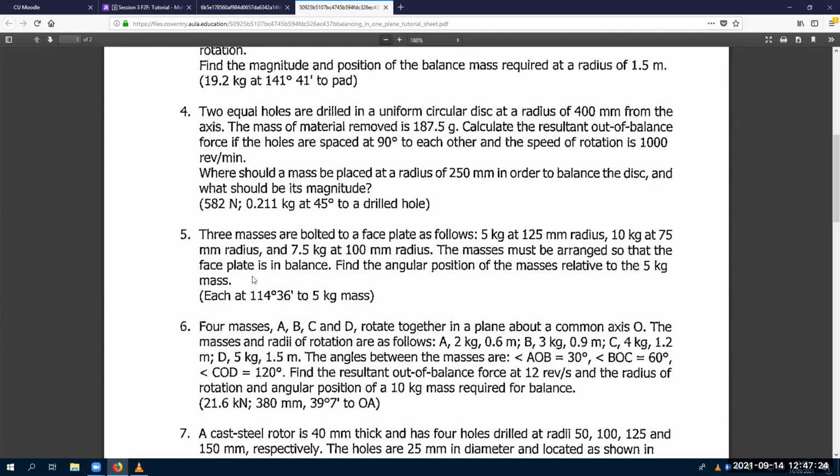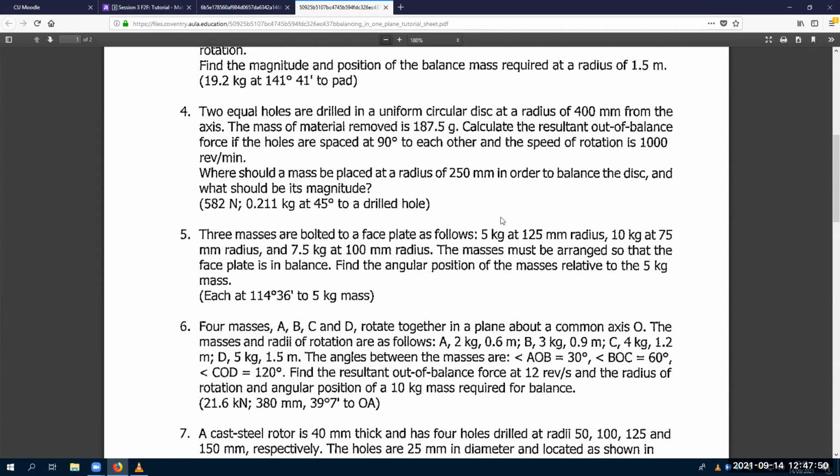Okay, so I'll do the table very quickly for question 5.